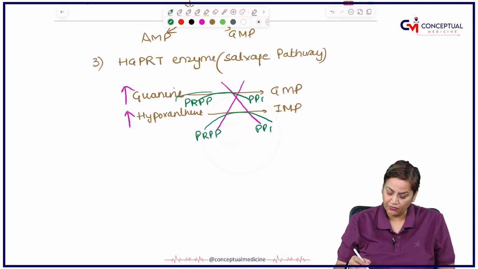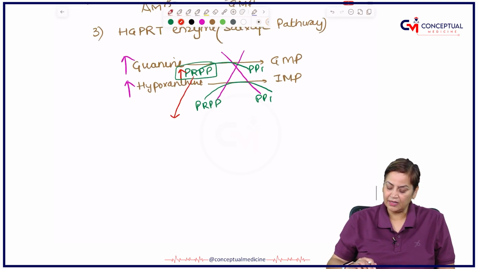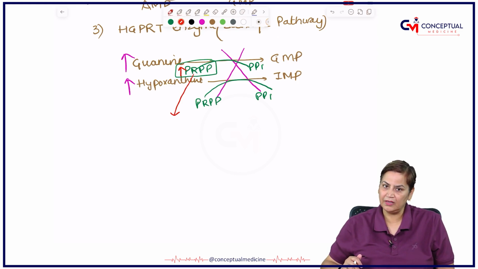So the concentration of PRPP will increase, and it will be diverted to undergo some other pathway.